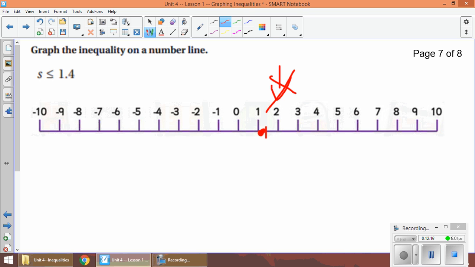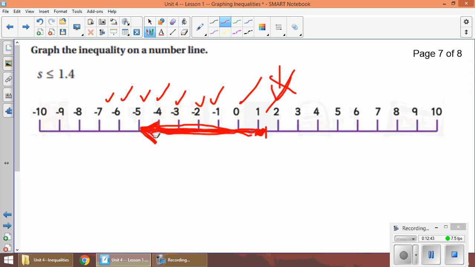So my solution set is everything below 1.4. Okay, 0 is smaller than 1.4, -1 is smaller. So all of these numbers are smaller than 1.4. So my solution set will continue forever from 1.4, closed circle. 1.4 is a solution, and anything that's smaller than 1.4.